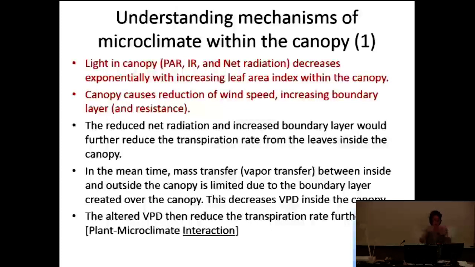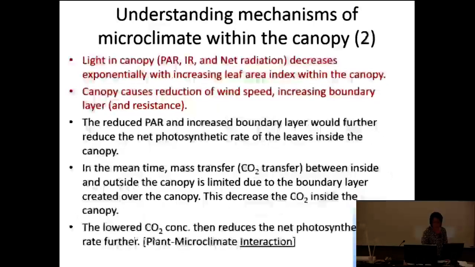Okay, so that's the mechanism in the canopy, and the same thing for the CO2. The light intensity declines toward the bottom of the canopy, and the canopy reduces wind speed over it, creating a boundary layer. At single leaf level, you have low light and an increased boundary layer, because air movement around the leaves inside the canopy is also restricted.